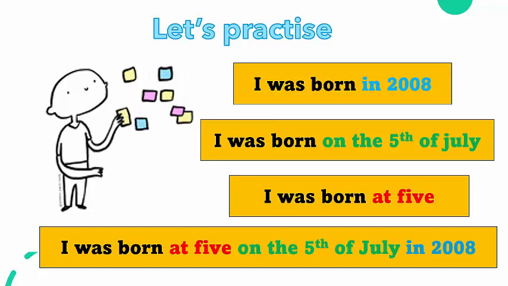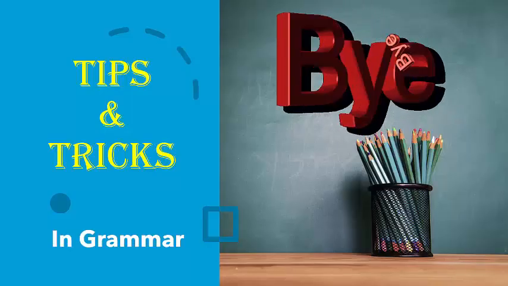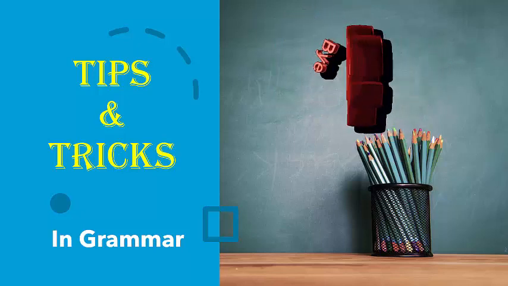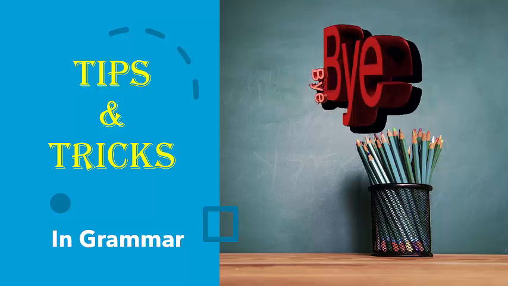You can bring more examples of your own in that way to practice more about the usage of those prepositions together. I hope that this video will be beneficial to you and help you to understand and master the usage of prepositions of time.